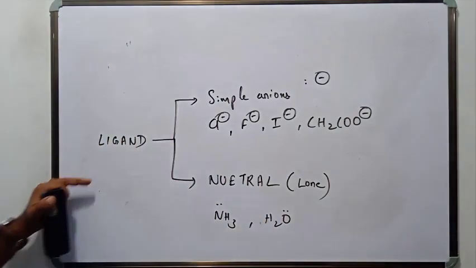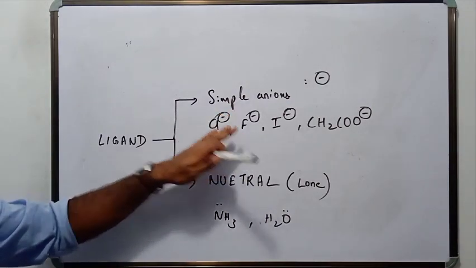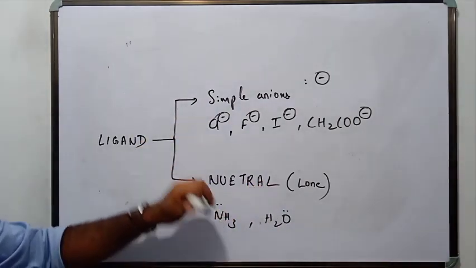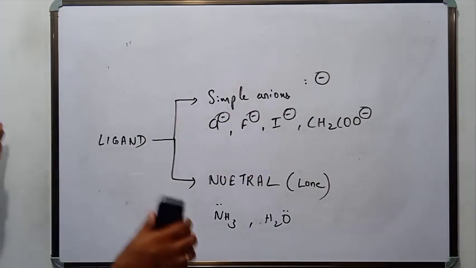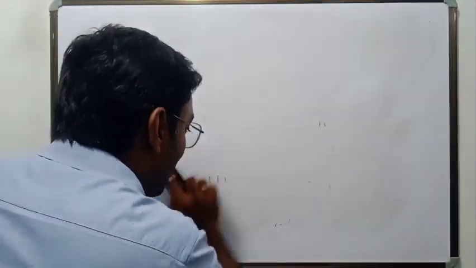Correct? So ligands are those which can donate a pair of electrons. For donating a pair of electrons, either it can be a simple anion which has got a pair of electrons, or it can be a neutral molecule which has got a lone pair of electrons. So these are the two types of ligands that we encounter.